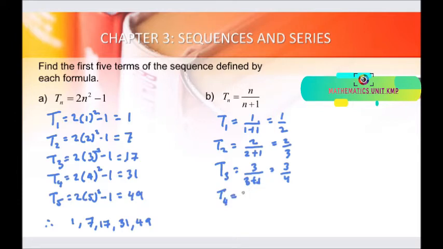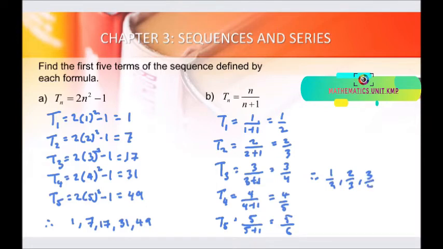The fourth term, 4 over 4 plus 1 equal to 4 over 5. And the last one, fifth term, 5 over 5 plus 1 equal to 5 over 6. So we get all the first 5 terms, 1 over 2, 2 over 3, 3 over 4, 4 over 5 and 5 over 6.